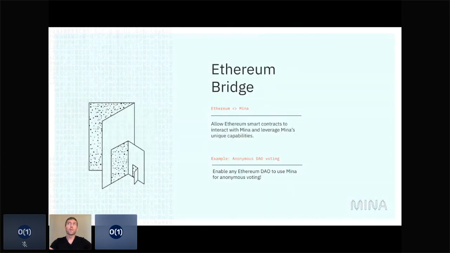And then also there's another company in the Mina ecosystem that is working on an Ethereum bridge. And this will allow Ethereum to interact with Mina and leverage Mina's capabilities. So one example use case would be an Ethereum DAO, where you could use Mina to provide for anonymous voting.